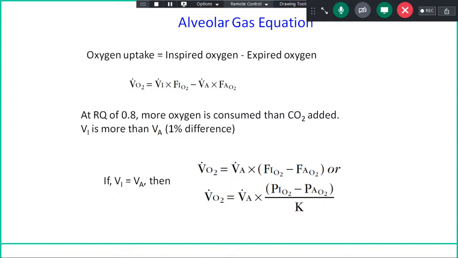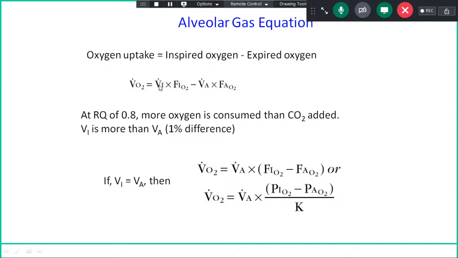So inspired minus the alveolar which is going out, the difference between the two will give you the oxygen uptake. When the RQ is 0.8, more oxygen is used, that is 250 ml, as compared to carbon dioxide, which is 200 ml.